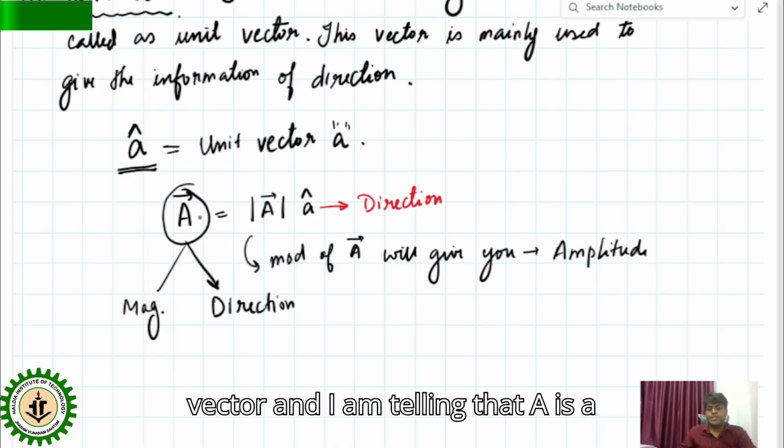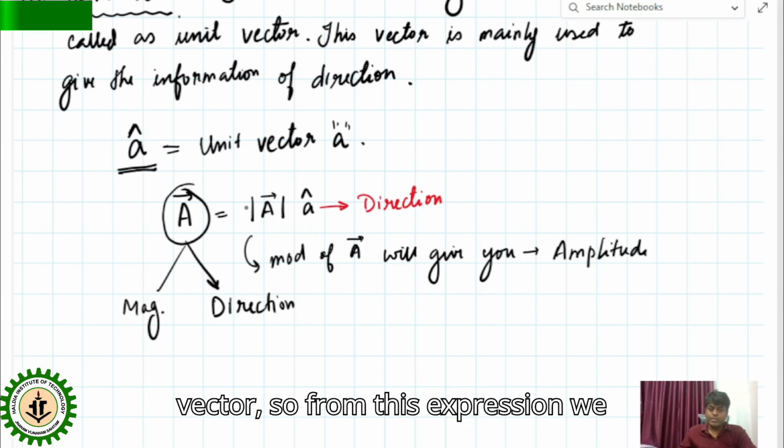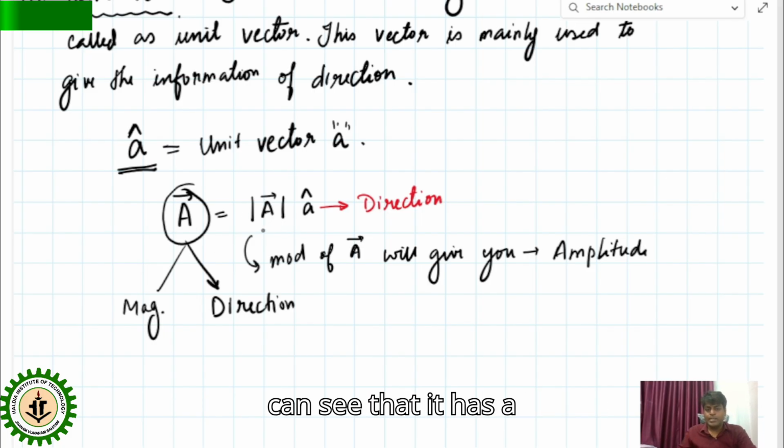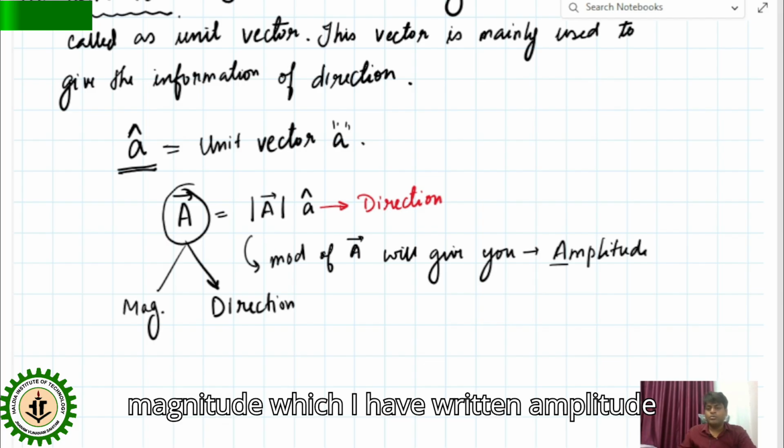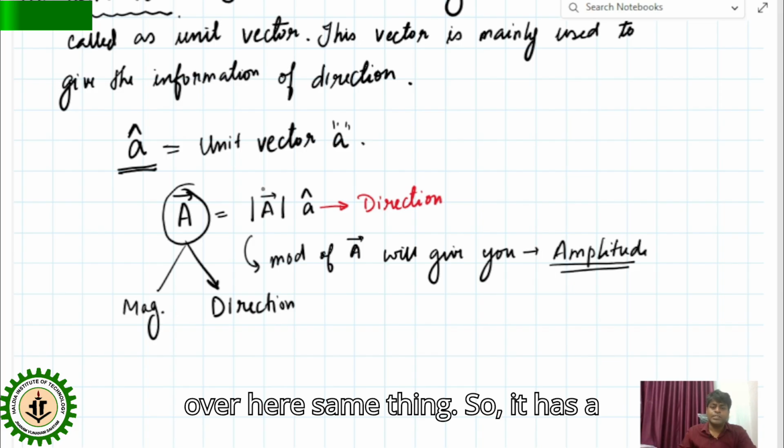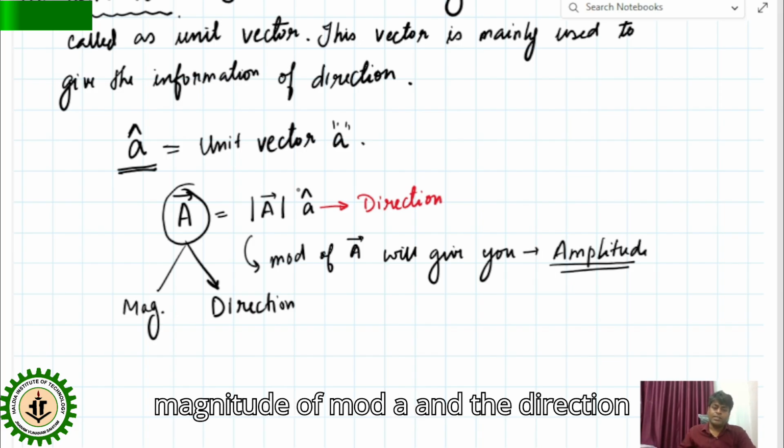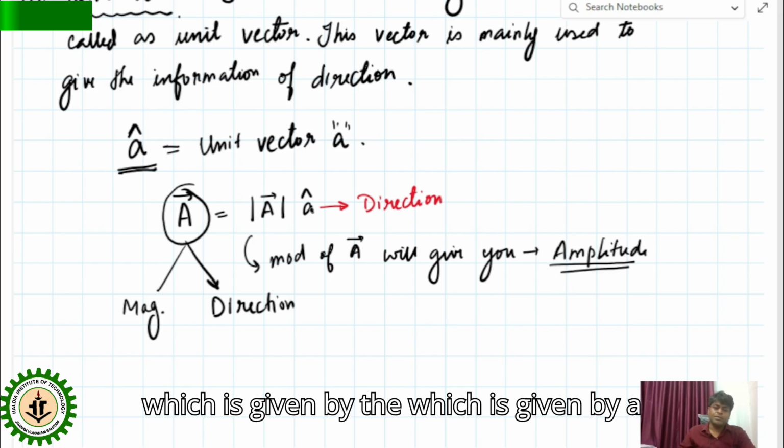So if A is a vector, from this expression we can see that it has a magnitude of mod A, and the direction which is given by A cap.